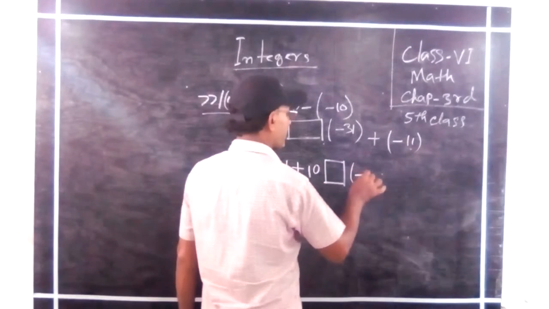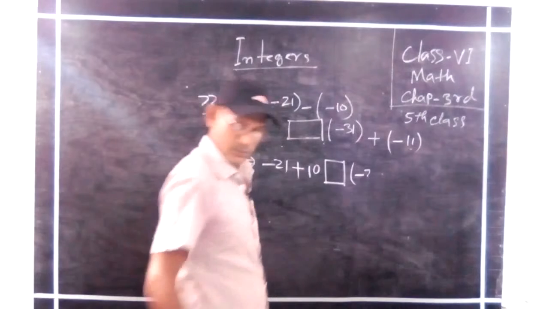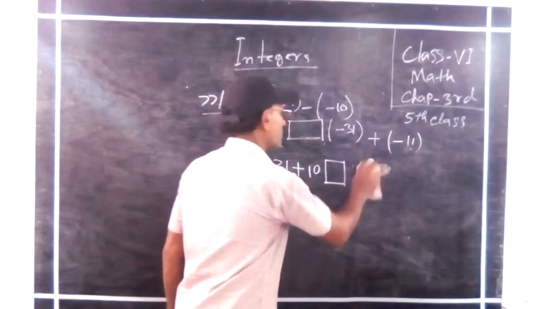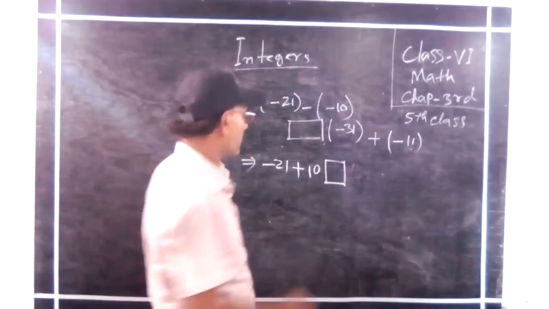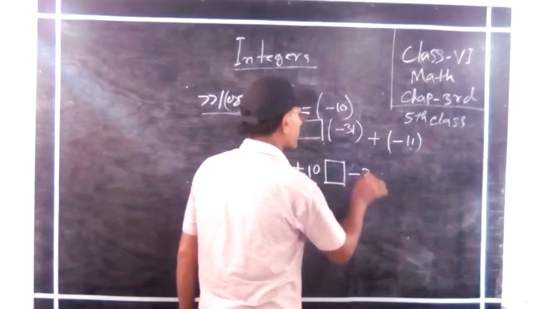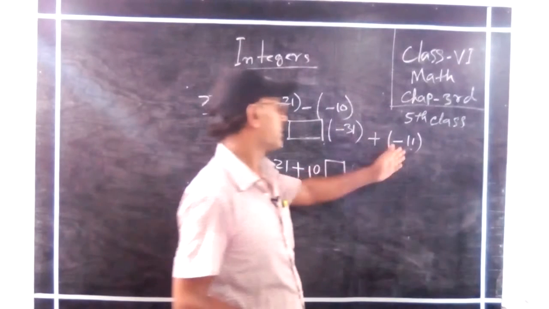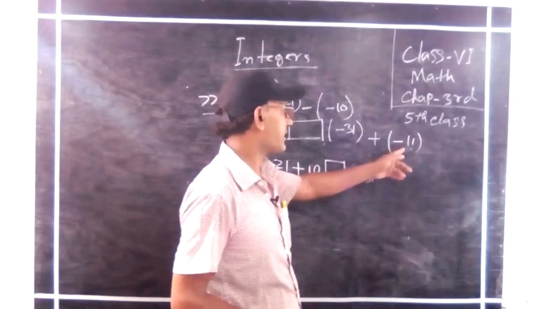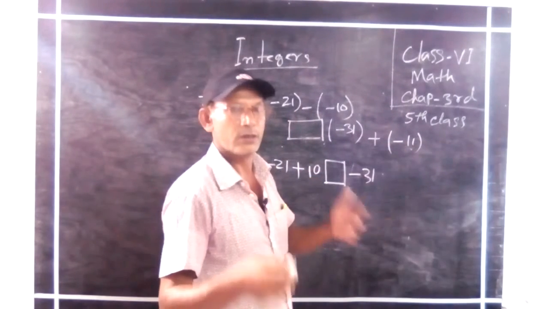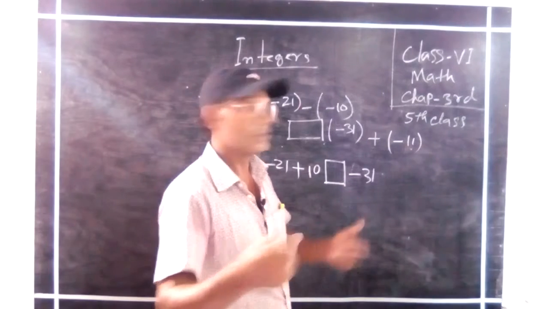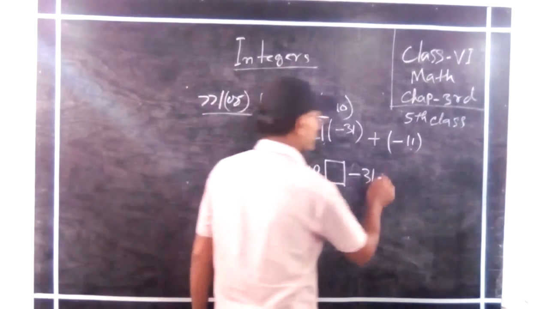Opening first bracket, minus 31, sorry, that note, we will write the actual number minus 31. Plus means that number will plus.